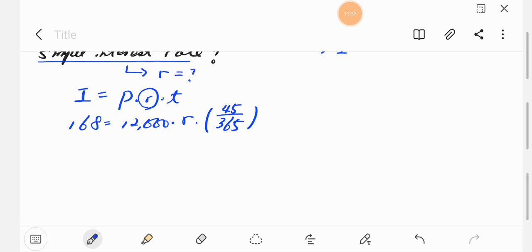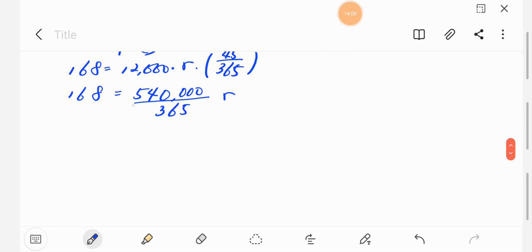In order to find R, you can multiply 12,000 and 45, the numerators, then it comes up like this, 540,000 over 365 times R.